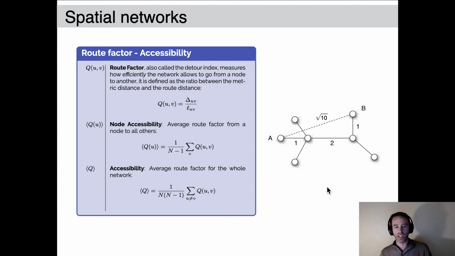This average value will tell you generally in your graph, if you want to go from one node to the other, do you need to take a lot of detour, or can you reach it by the shortest path according to your notion of distance? So the more your graph is connected through shortest paths that use the shortest distances, the better your accessibility will be, so the lower score you will have.